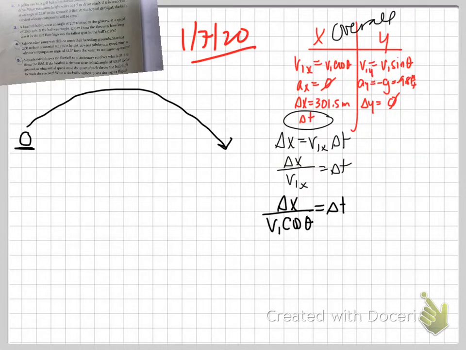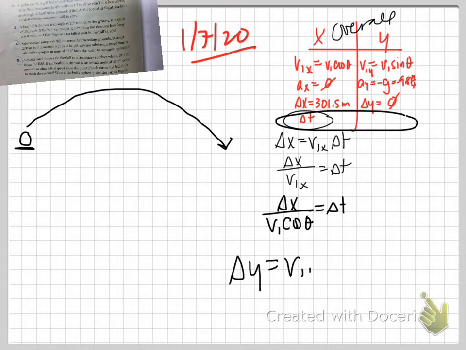I can easily build an expression on the y-axis because I know that delta y overall is equal to VIy delta t plus 1/2 a sub y delta t squared.